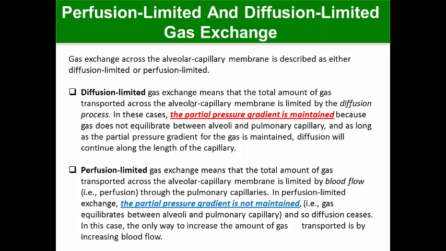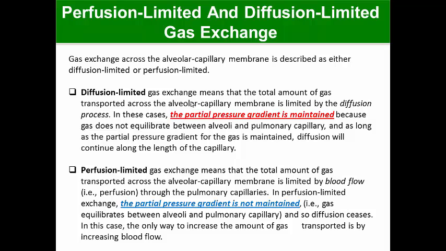So in this case, the partial pressure gradient for the gas is maintained. And what maintains the partial pressure gradient of the gas? This is because the gas doesn't get equilibrated with the partial pressure in the alveoli. So there is no equilibration between the alveoli and the pulmonary capillaries, so the partial pressure gradient exists.